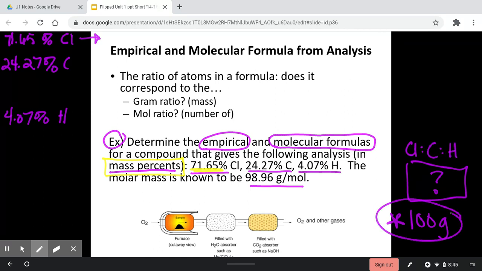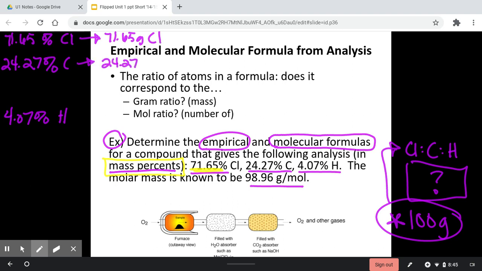Now it may be, it may not be, but all I care about in the end is the ratio of chlorine to carbon to hydrogen. So the actual mass doesn't matter, because all I really care about is that percent. So I can make an assumption that helps me mathematically as long as I don't break that ratio.